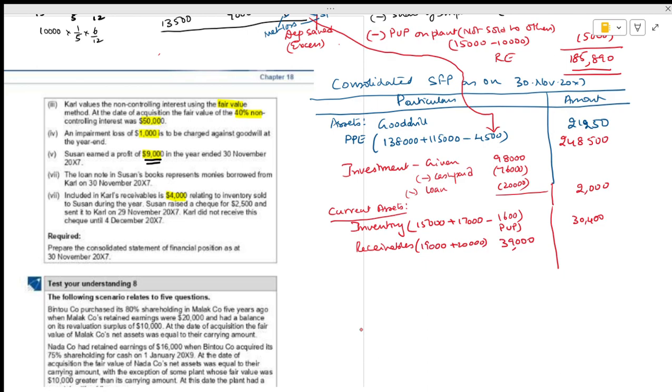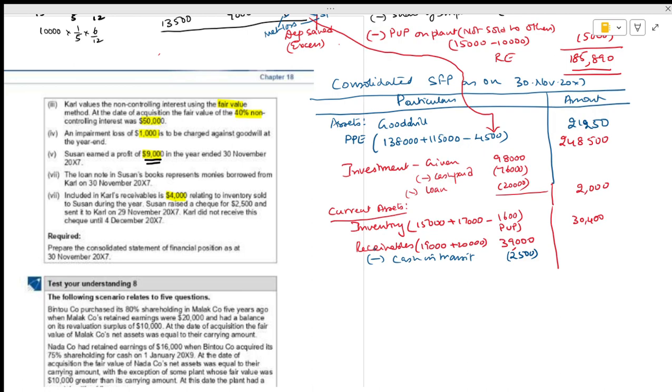We have done this in the previous case. We have reduced it from where? From the receivables, cash in transit, and we have added to cash. You remember that? Yes, we have deducted from the receivables. And next, there is something, 1,500.